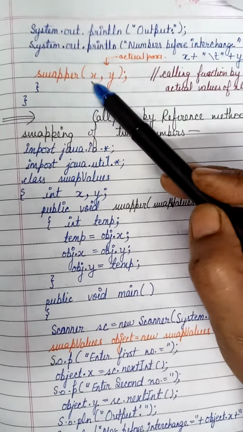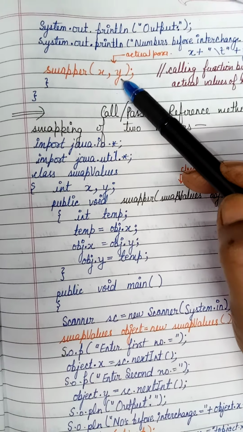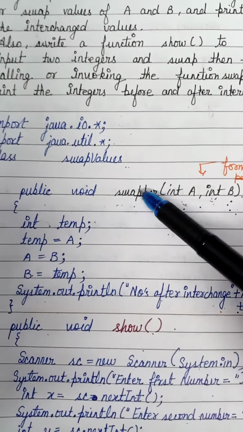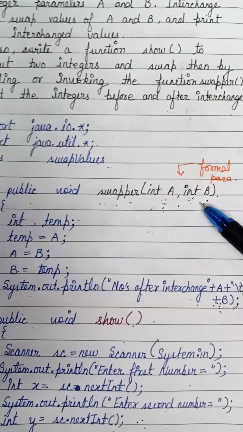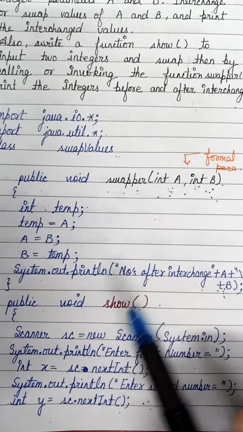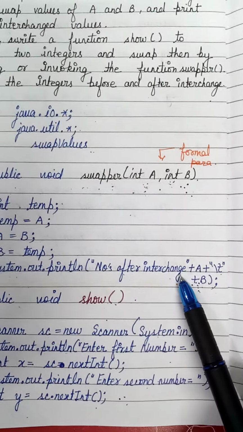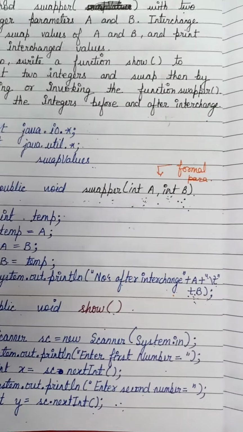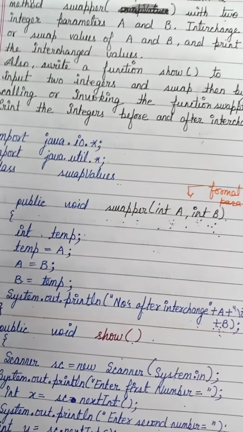Then when the function call statement is encountered, control goes to the swapper function. This will execute, receiving x in A and y within B. Then swapping will be performed and the numbers after interchange will be printed. So this is the example of call by value.